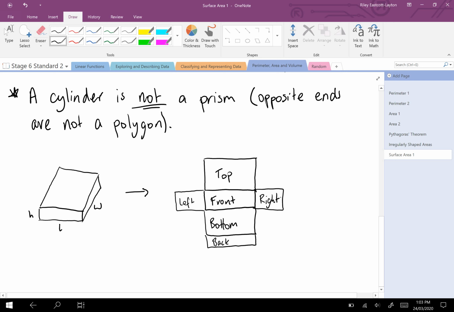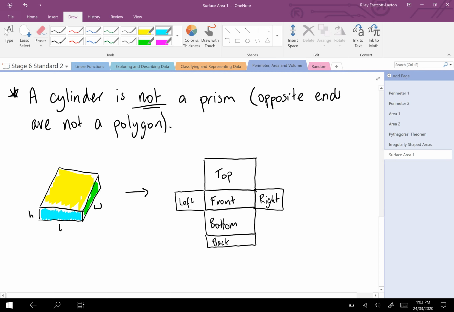And so essentially, if we're trying to find the total surface area of this shape, we'd be trying to find the area of this, and then we'd want to find the area of this, and finally we'd want to find the area of this.